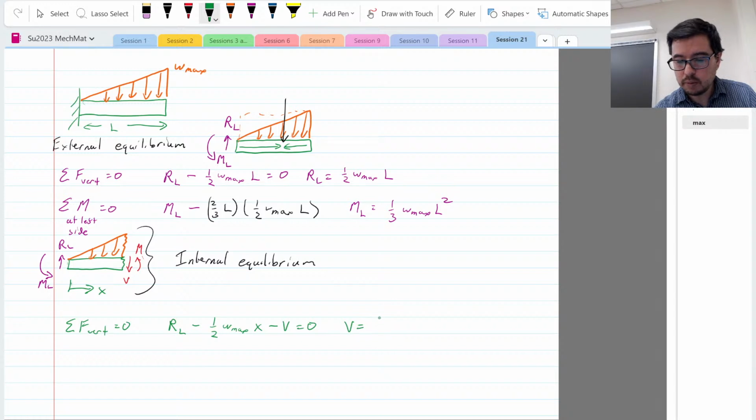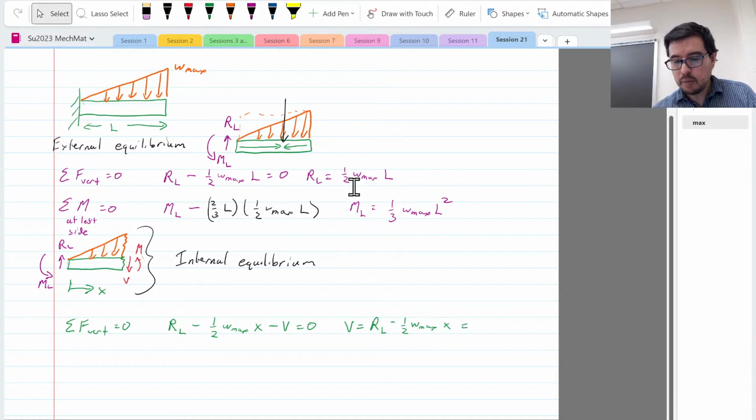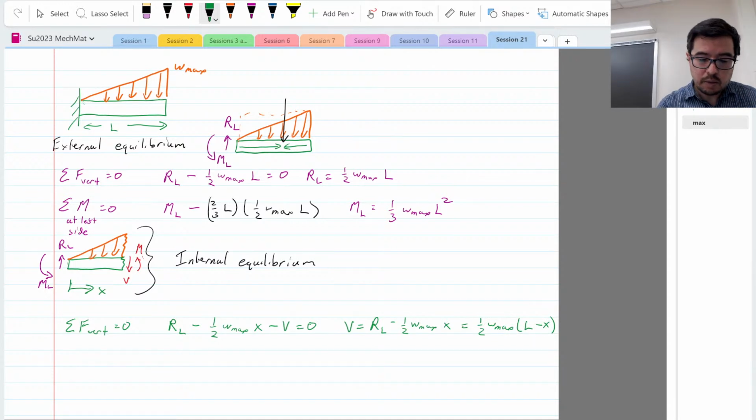So RL, I'll just write it out. RL minus 1/2 W max X, and RL is 1/2 W max L, so that's going to be just 1/2 W max L minus X. And for the moments, let's do moments, well, this time we'll do the moments at the right side.